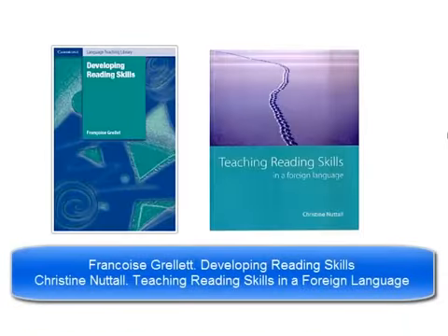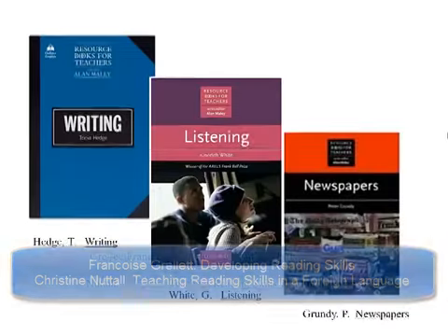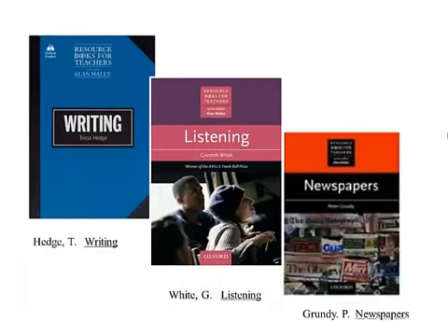For example, these two on reading skills. So those might be very useful to look at. And then there's also the Oxford Resource Book series, which has got some very useful titles in. There's some examples for you there about skills work as well. So these are the sort of things that you might be looking at to help you.